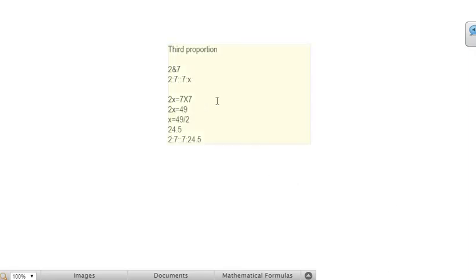Now let's leave this much. You will be getting another sum, which will be like find the mean proportion.